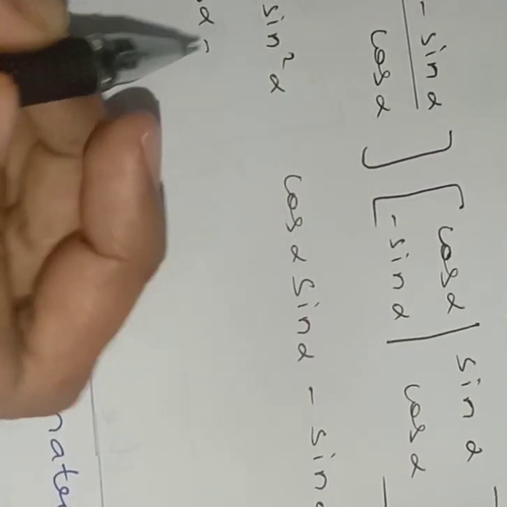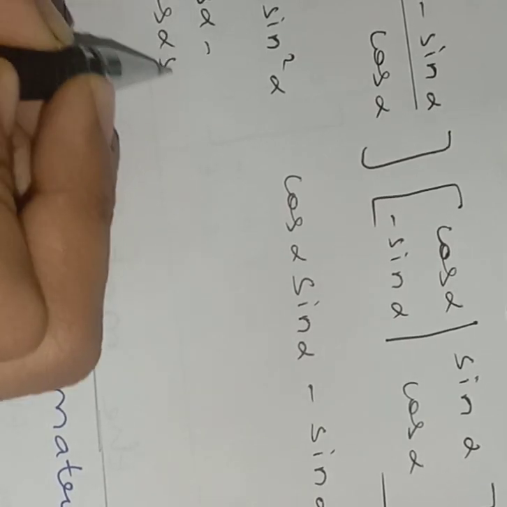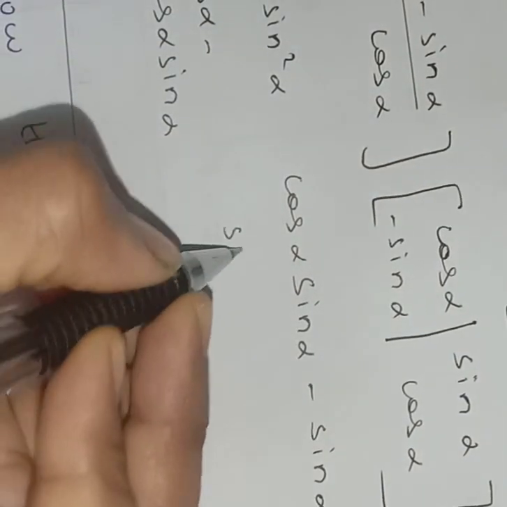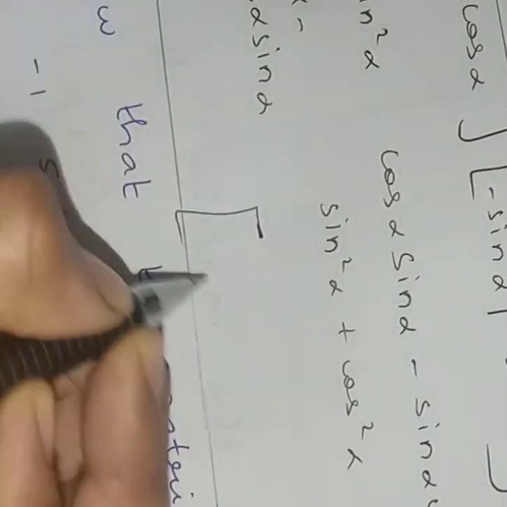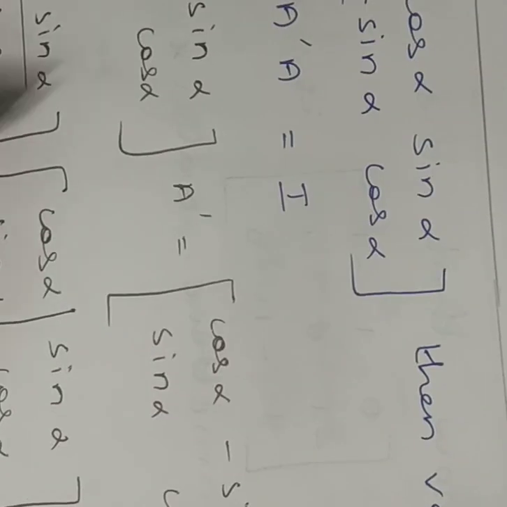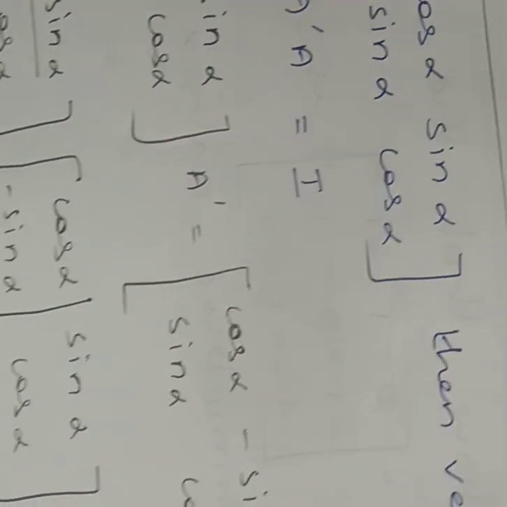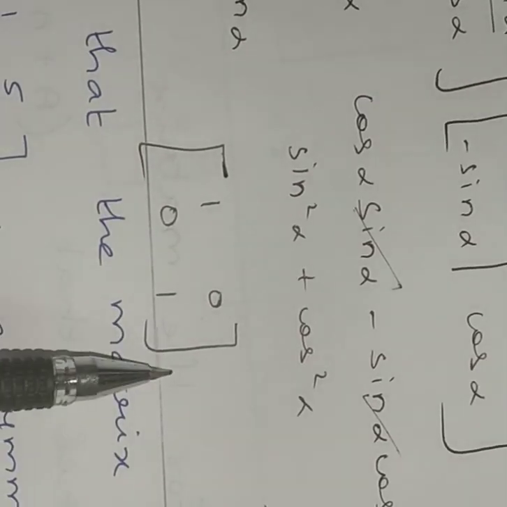So sin alpha cos alpha minus cos alpha sin alpha, sin square alpha plus cos square alpha. You all know identity. This will become 1 0. Why? Because these two will get cancelled, plus minus terms, 0 1. So this is what we want to prove here. A dash A is equal to I. We are getting an identity matrix.